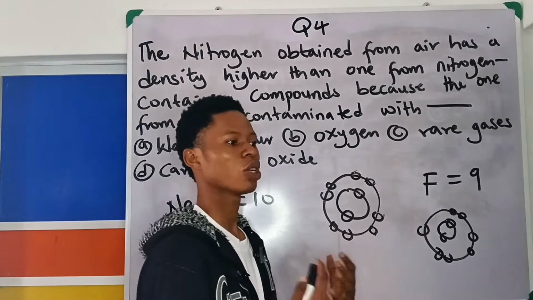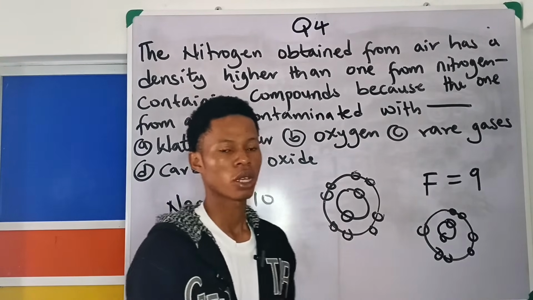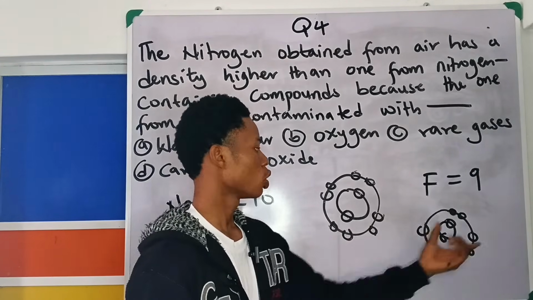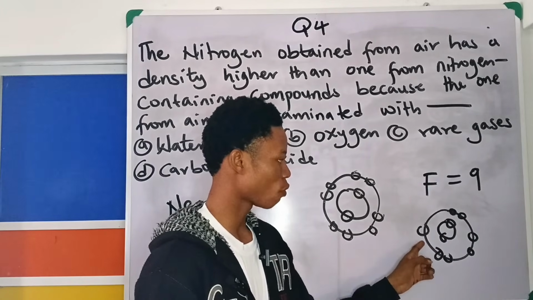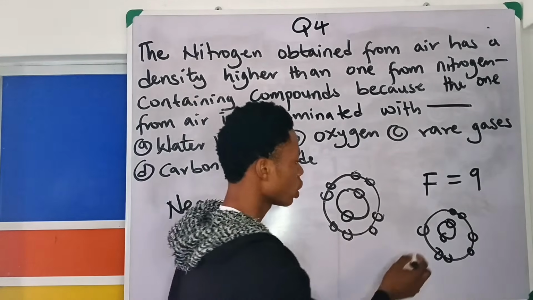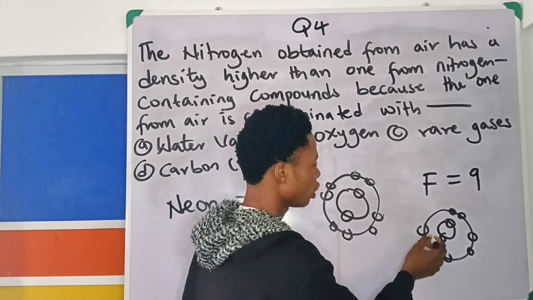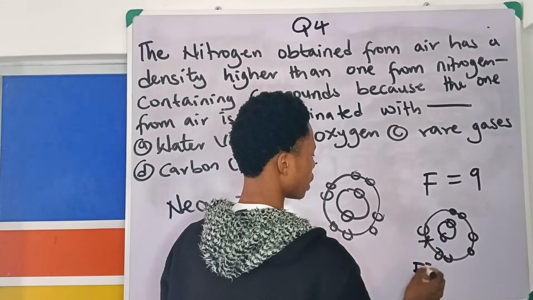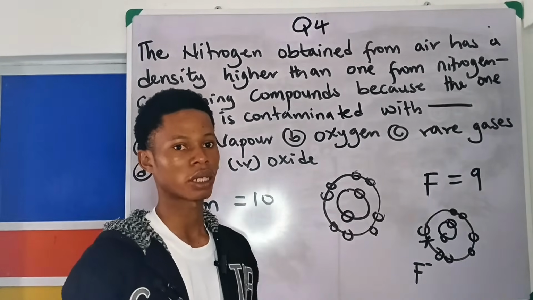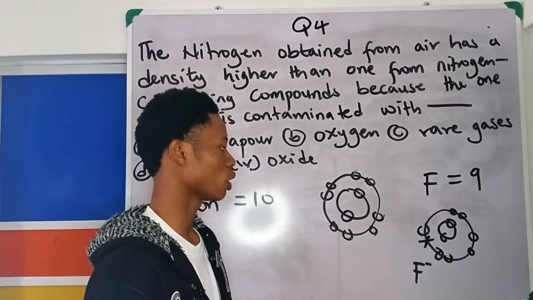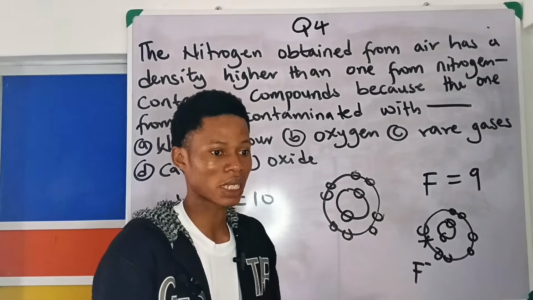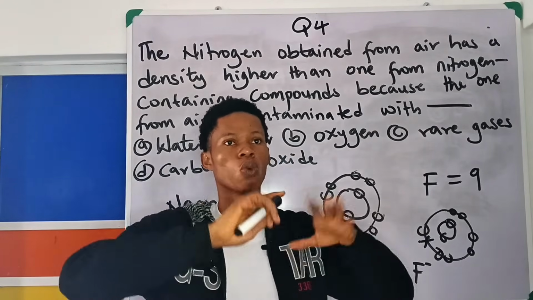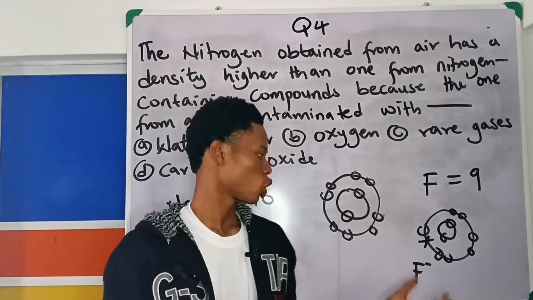So fluorine will want to get more electrons. It will be easier for fluorine to receive 1 instead of giving out 7. So fluorine will look for 1 electron to fit into this place. We'll write it as fluorine negative, because fluorine has accepted 1. So fluorine is electronegative, so it can react. In fact, fluorine will not exist as fluorine in nature, because once it's exposed, it will look for a way to attract 1.